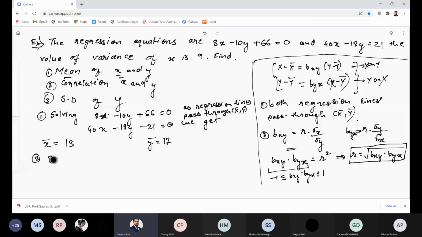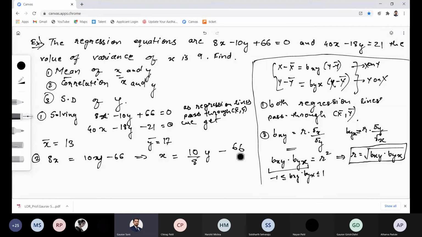So 8x is equal to 10y minus 66, which means that, don't write this, just concentrate. 10 by 8 y minus 66 by 8.